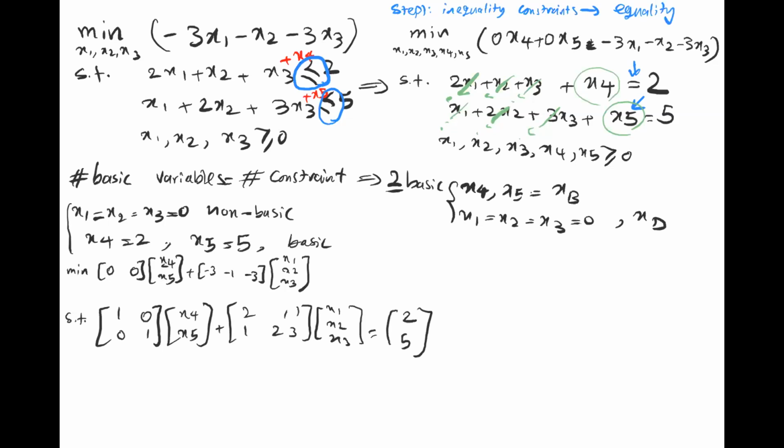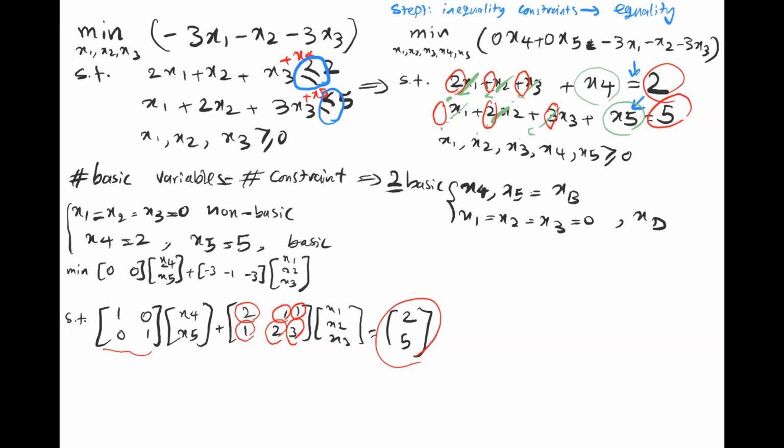All right. How did we determine all these? These are based on the coefficients that we have here: 2, 1, 1 and 1, 2, 3. We have 2 and 5 here. And for x4 and x5, their coefficients are 1.